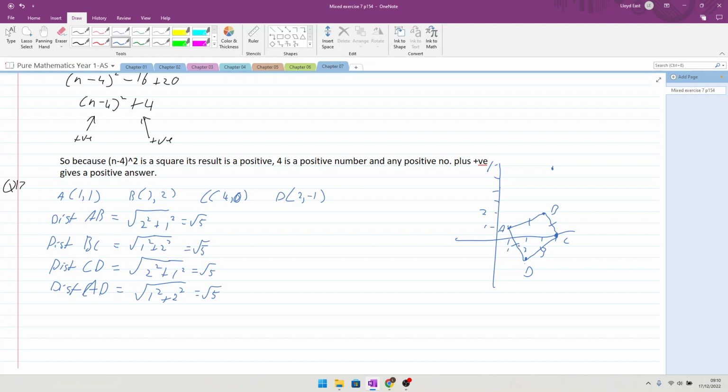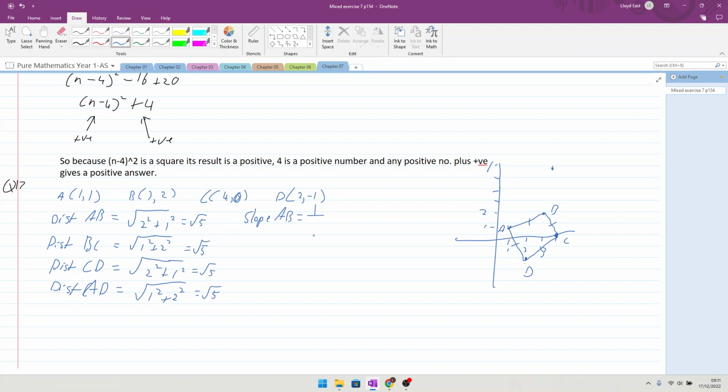Okay. Slope. The slope of AB is the difference of the y's, which is 1, over the difference of the x's, which is 2.